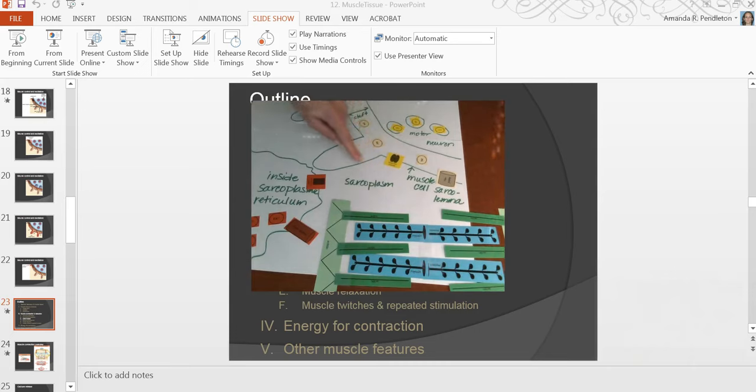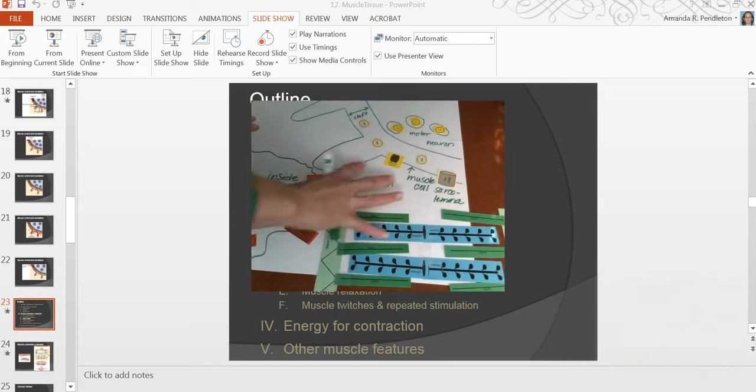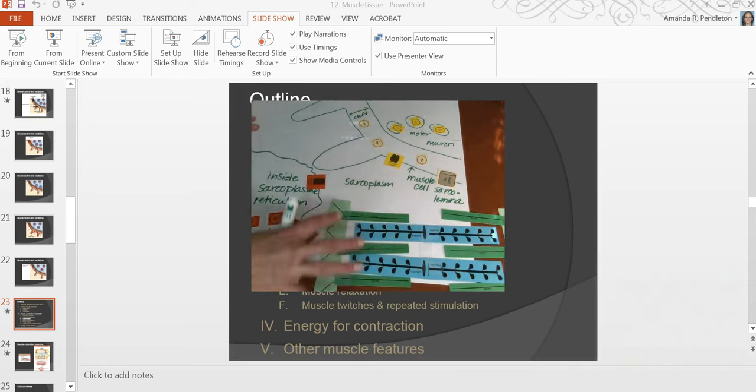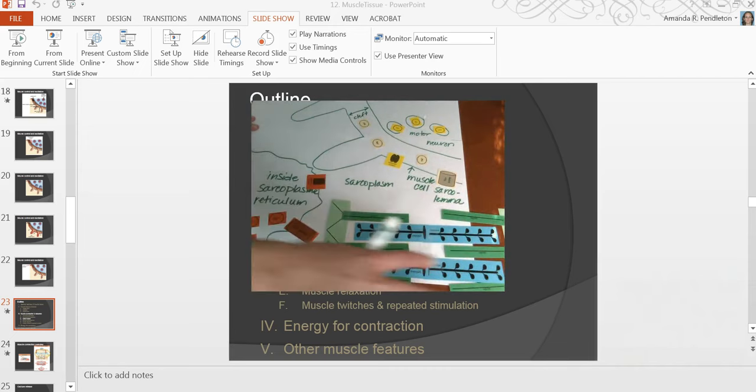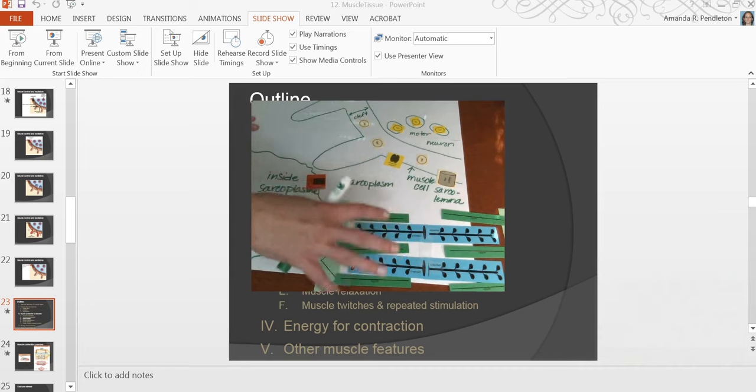This line here is representing the muscle cell sarcolemma, specifically the motor end plate. Here is a gap called the synaptic cleft. Over here is the boundary of the sarcoplasmic reticulum. And here is sarcoplasm, which is cytoplasm of the muscle cell, and that's where we find our sarcomeres.